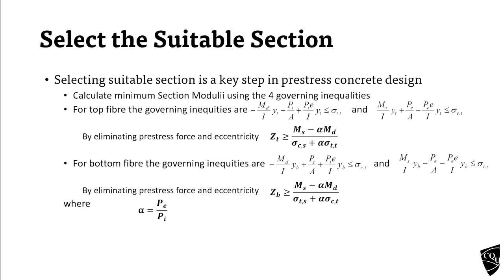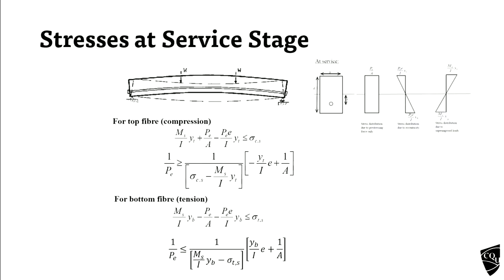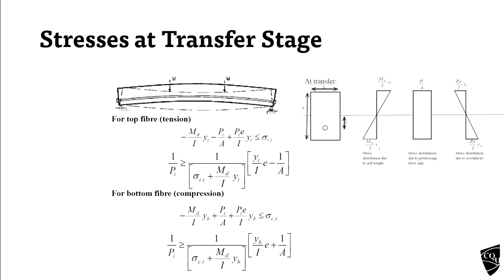Then if you look at the inequalities, you already have 4 inequalities, 2 here, 2 here. This is the original form of the inequality, and I rearranged it like this. I'm considering this inequality, which is for the top fiber.